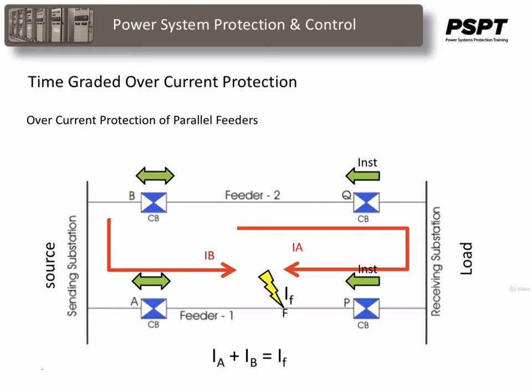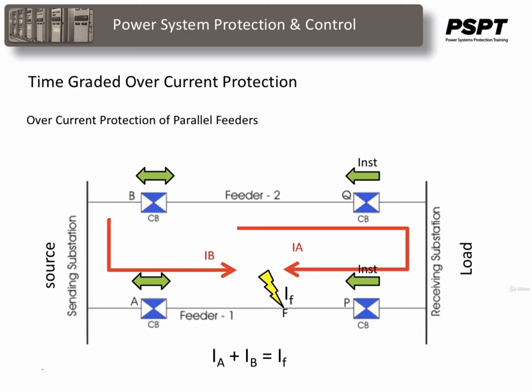This is clearly shown, where IA and IB are the currents of the fault shared by feeder 1 and feeder 2 respectively. IA plus IB is equal to the fault current IF.